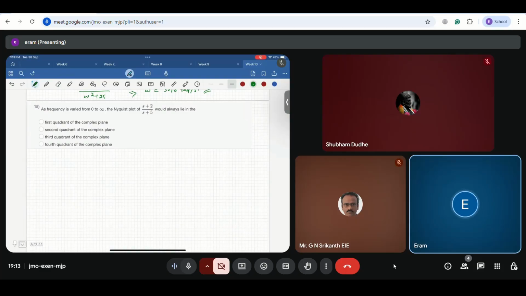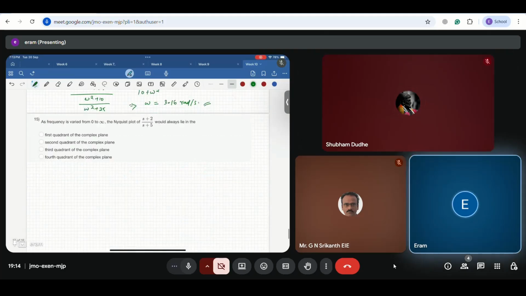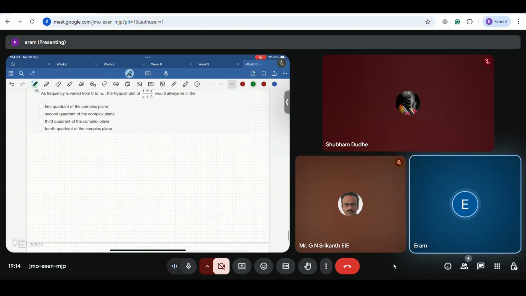We have just plotted the Nyquist for this one. In which quadrant is the semicircle lying? First quadrant. So no need to solve anything, we have already calculated everything for this.